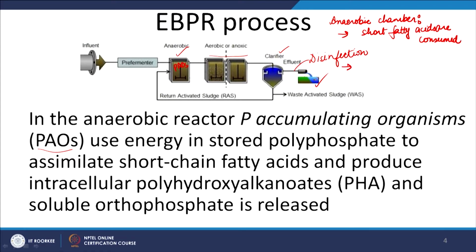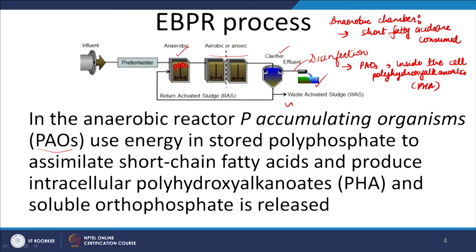is that the microbes, which are PAOs, store the phosphorus inside their cell. So, this is intracellular. Inside the cell they store it in the form of polyhydroxyalkanoates, and they are often written as PHAs.